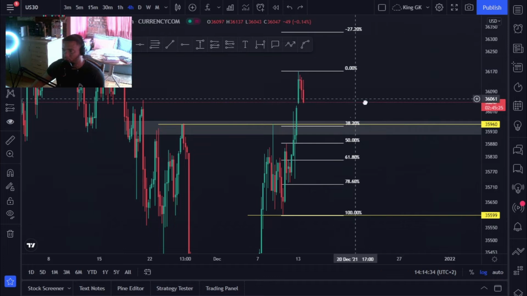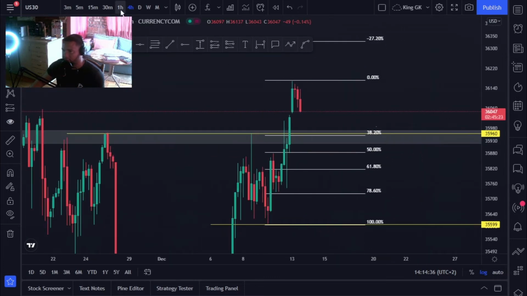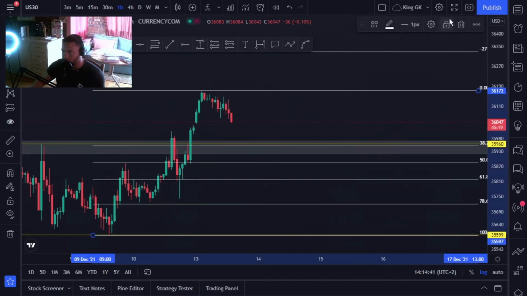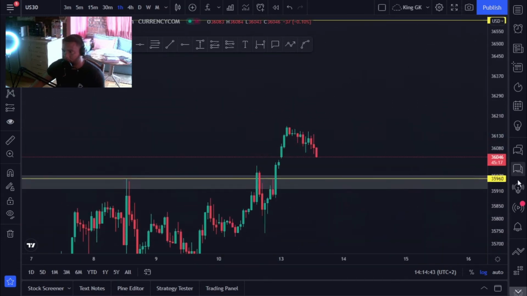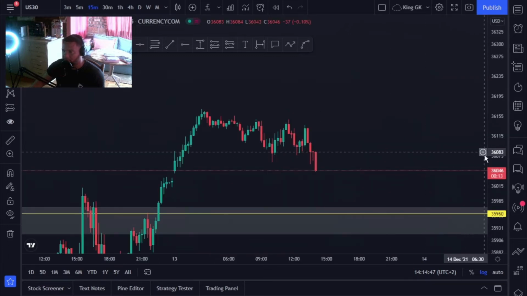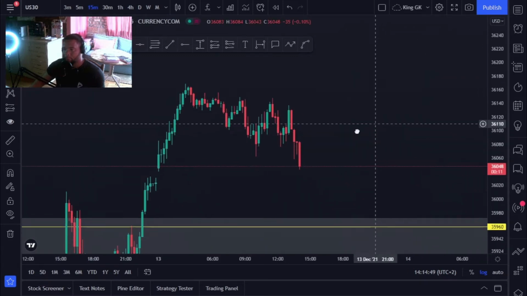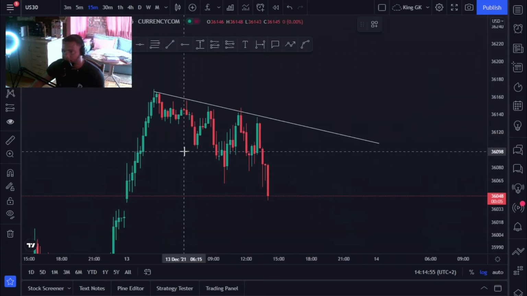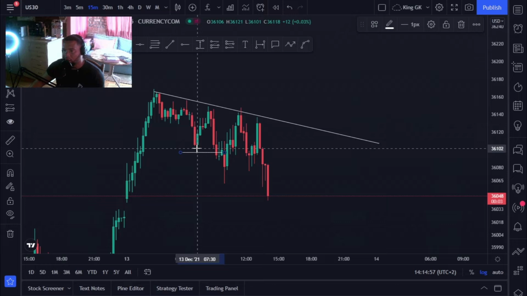So the best is to wait for price to show us clean direction. This morning I was basically sending out a signal into my VIP telegram group. I didn't send this straight into my free telegram group, but it was into my paid telegram group, my VIPs. The reason for this selling position is that I did see price did create this low point.